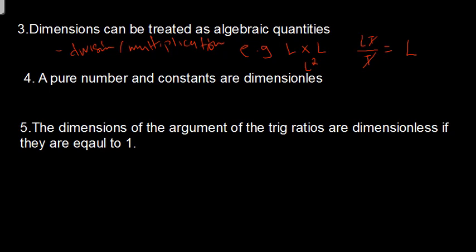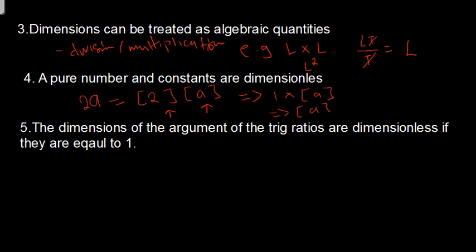So if we had a physical quantity, for example A, and it has a pure number in front of it as 2A, this simply means dimensions of 2 multiplied by dimensions of A. So this, as a physical quantity, will have its own dimensions. The dimensions of 2, according to this rule, are just equal to 1. So dimensions of 2A will just be given by 1 times the dimensions of A. So basically this will just be the dimensions of A.